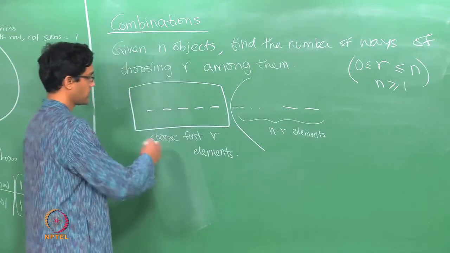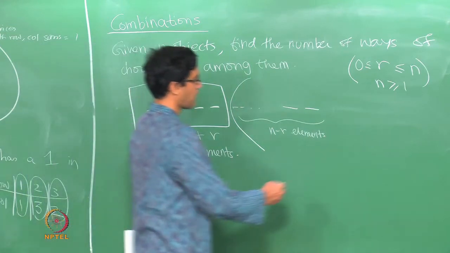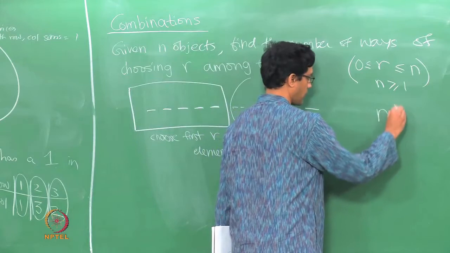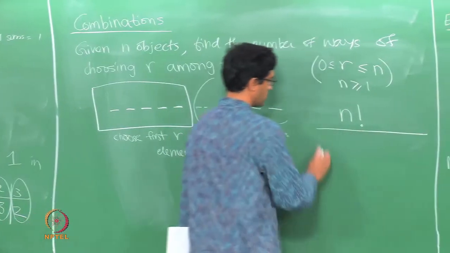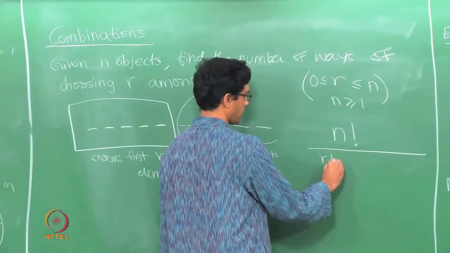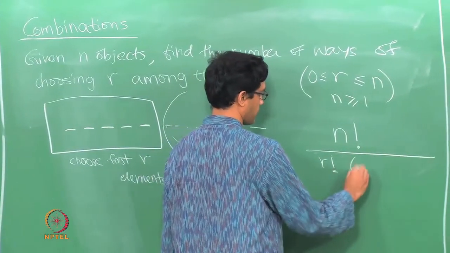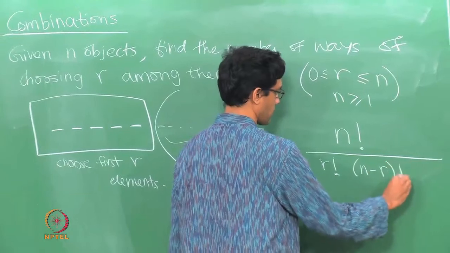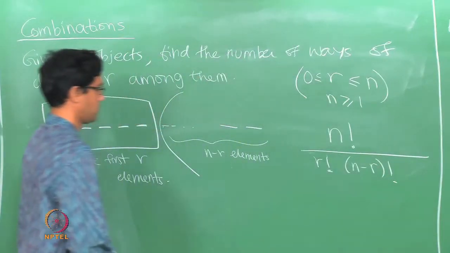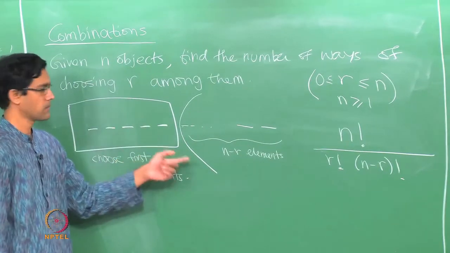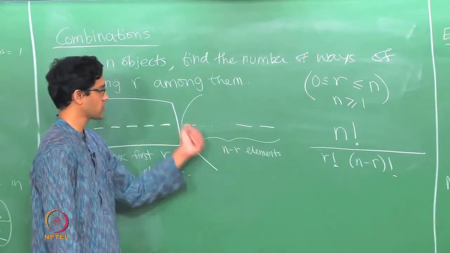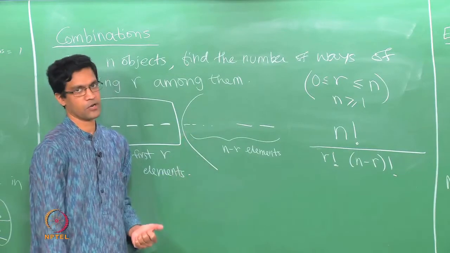So what this argument says is that you have n factorial permutations in all, but out of those, R factorial times n minus R factorial give the same choice. R factorial is the number of permutations of these R objects, and n minus R factorial is the number of ways of permuting these n minus R objects.